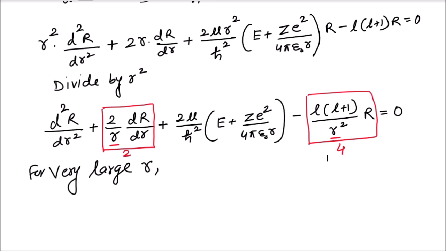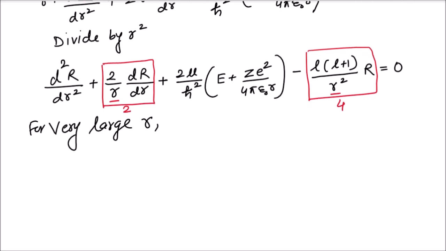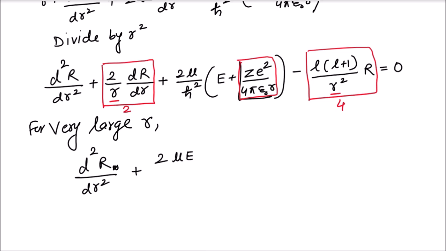So the equation becomes, for R infinity, d square R infinity by dr square plus 2 mu E by h bar square R infinity equal to 0.